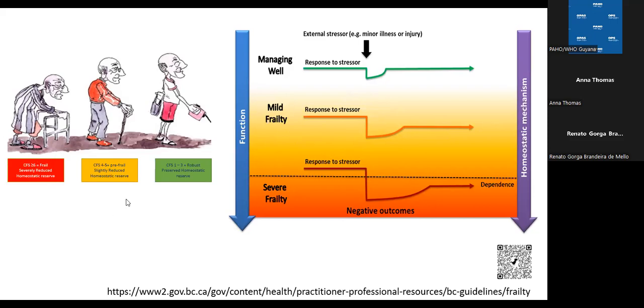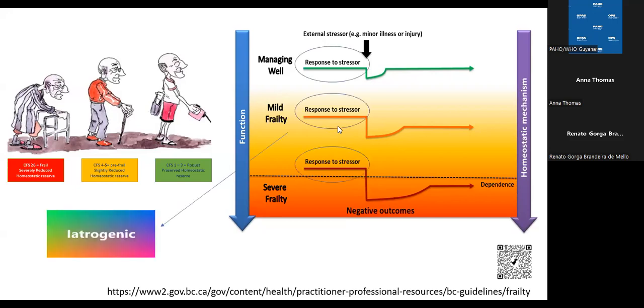And frail individuals not only are more vulnerable to these different kinds of stressors, but usually become more frail and more dependent after one episode. And a stressor can be a medication or a treatment or even a diagnostic test or a procedure. So we have to keep this in mind.